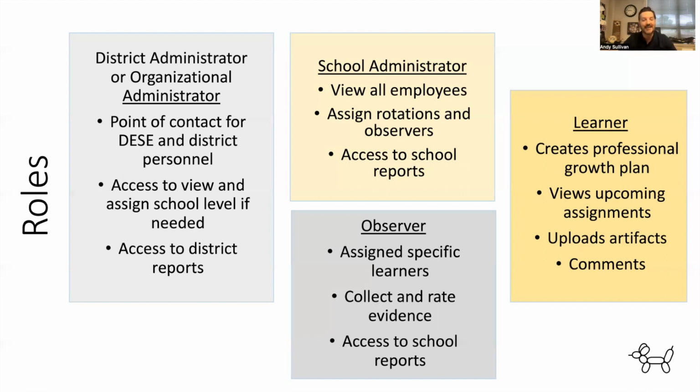This is the person at the school, typically going to be your building level principal, who now has access to rubrics to change learner rotations so that you are no longer reliant solely on the district org admin in order to do that. And we've given you some access to more reports, but also to have a little more control over what's occurring in your building.